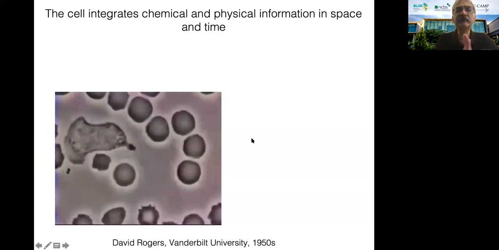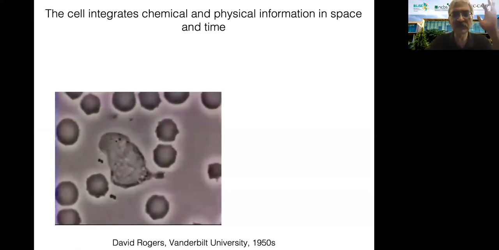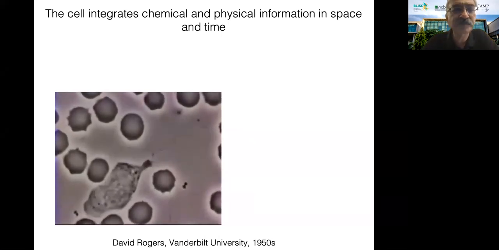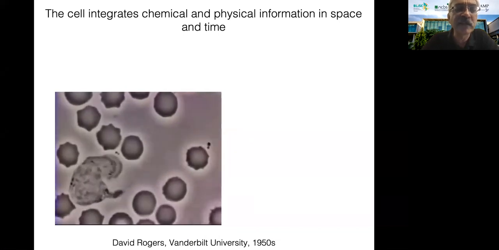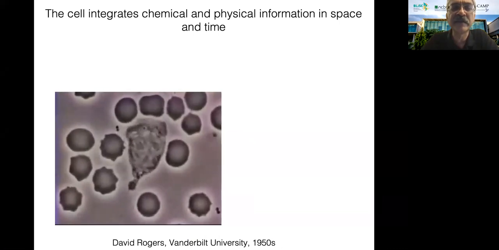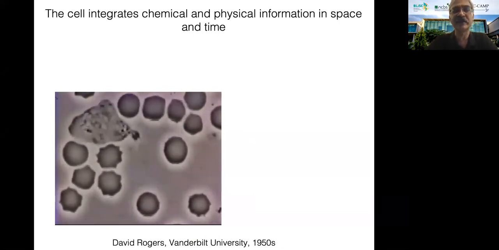Anyway, the reason we're interested in the cell is because it's very simply exemplified by this movie here. You have a neutrophil that is running around, going after a bacterium, following it as if it knows exactly where it is.